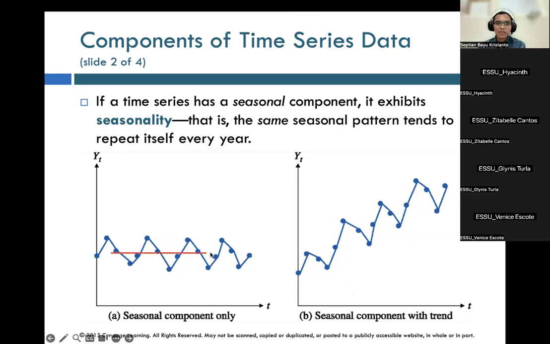I hope you know the differences between seasonal and seasonal with trend. This one has no trend, only seasonal. And this one is also seasonal in the curve positions, but also growing in a positive trend.